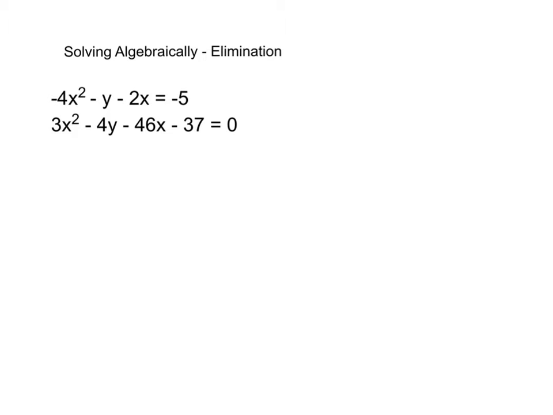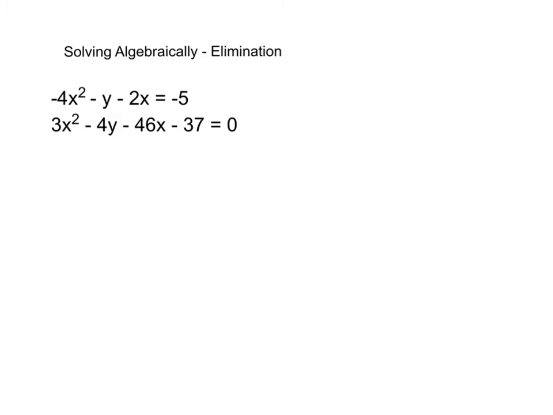But remember, with elimination, one thing that I want to do here is line everything up, so I have the x squareds, the x's, the y's, and the constants, all one underneath the other. But I also want to think about what variable I should eliminate here. Y. Yeah. Because if you eliminate the x squareds, then you still have x's and y's.